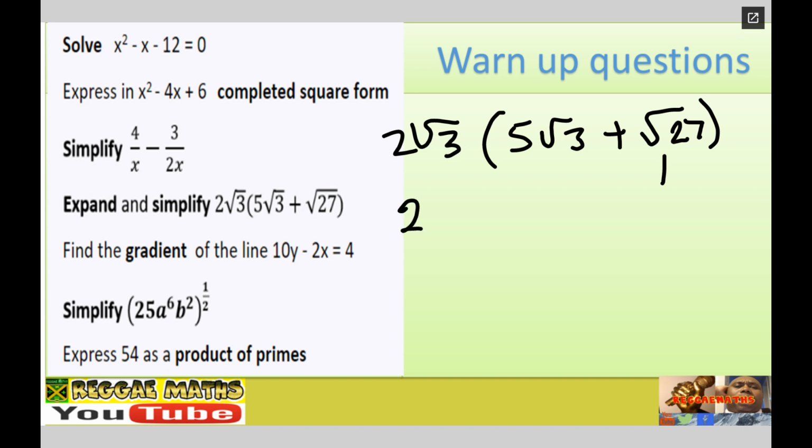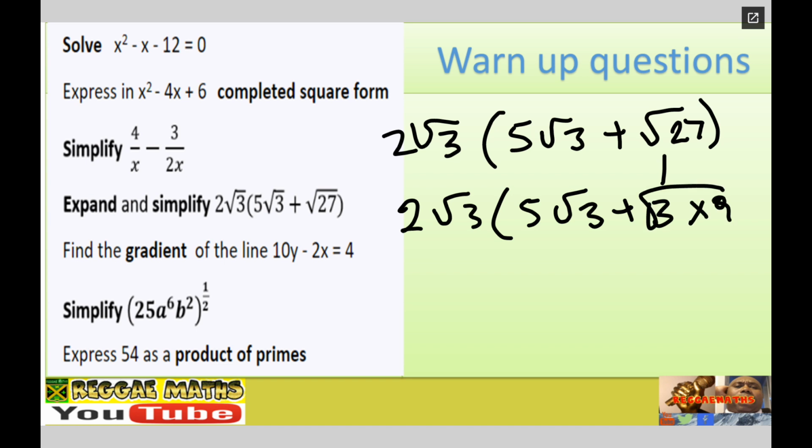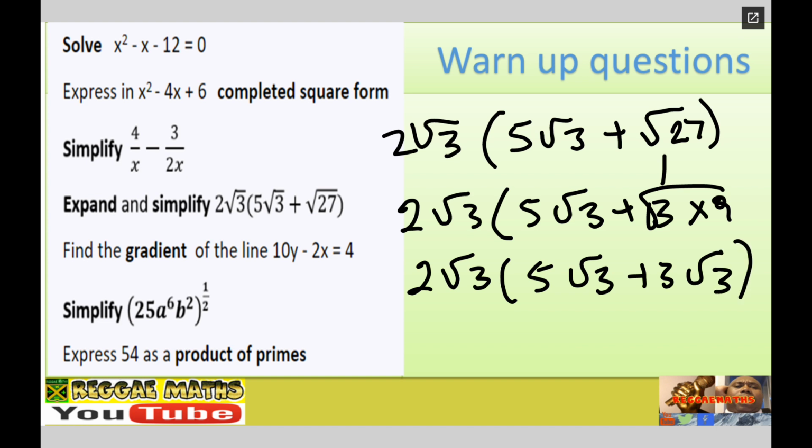So if I rewrite this again, 2 root 3 bracket 5 root 3 plus 3 times root 9 over root 3. I can then simplify that as 2 root 3 bracket 5 root 3 plus 3 root 3. So basically I can add like terms.